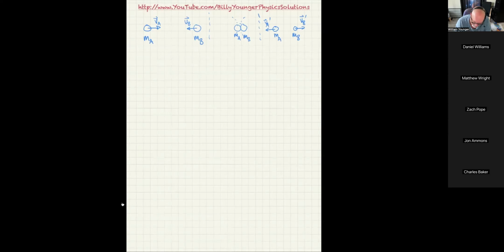Now, taking conservation of momentum. So if we assume momentum is conserved, can anybody tell me what condition must be happening for momentum to be conserved?